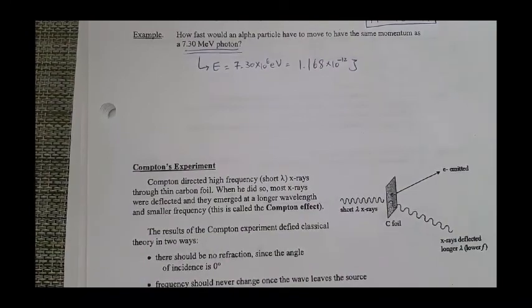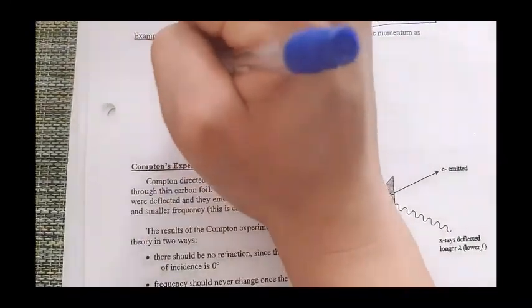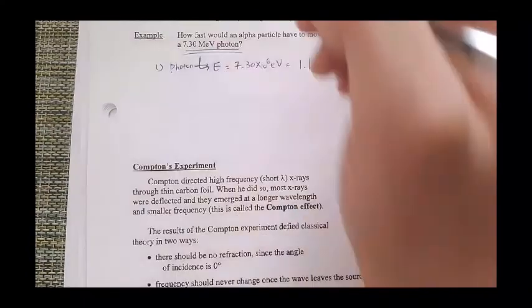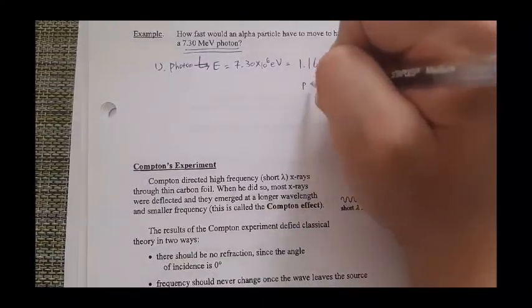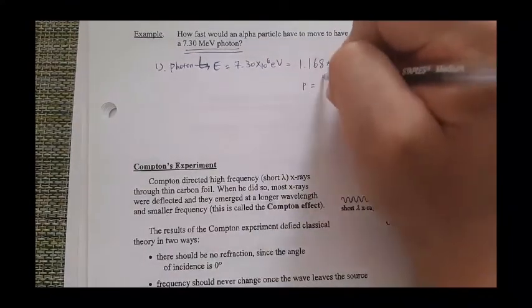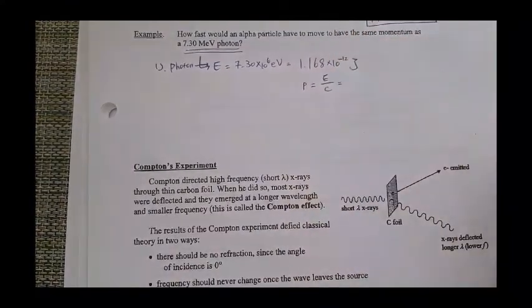Now we're talking about the photon's perspective, so I'm going to go with the photon perspective first. Now let's find the momentum. E = pc, which means if I rearrange it, p = E divided by c.